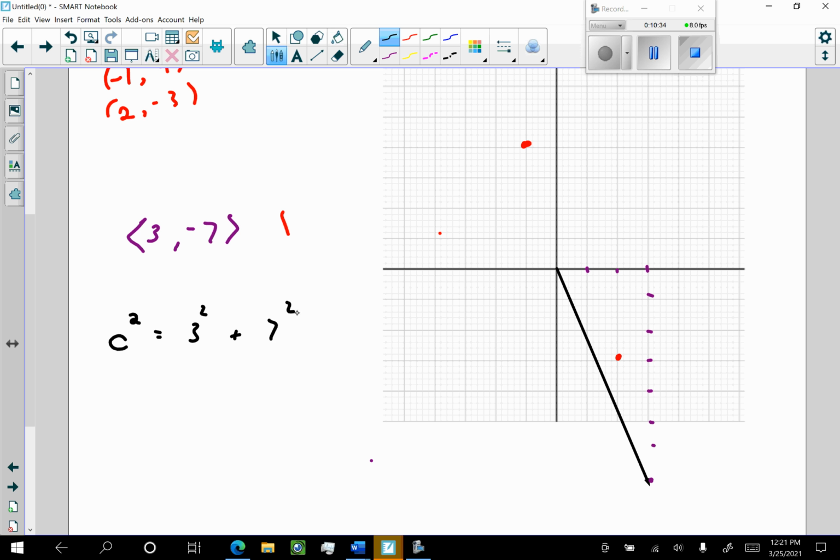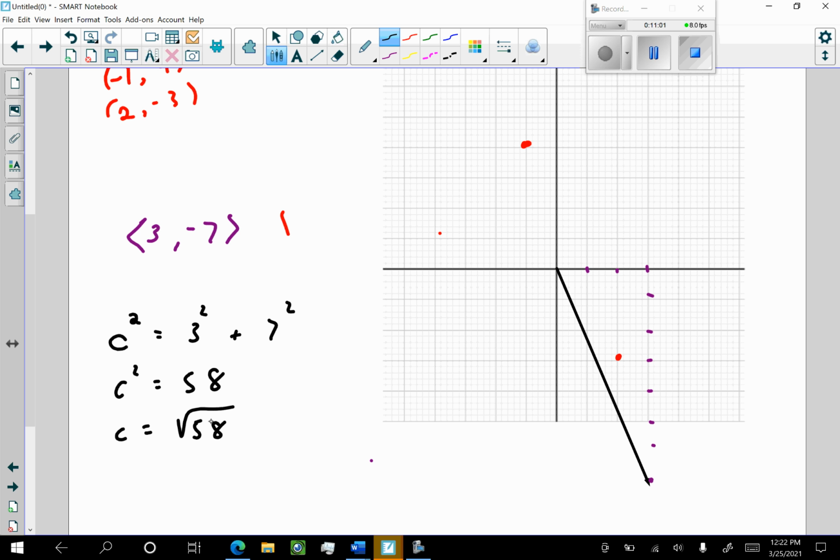We could do -7 squared, but we're just looking at the triangle because we want this length. So I've got 9 plus 49, and that's 58. So c squared is equal to 58, and c is equal to the square root of 58. And that's the magnitude of that vector.